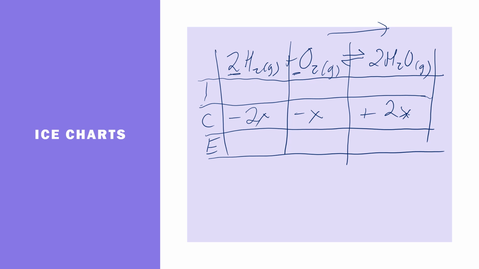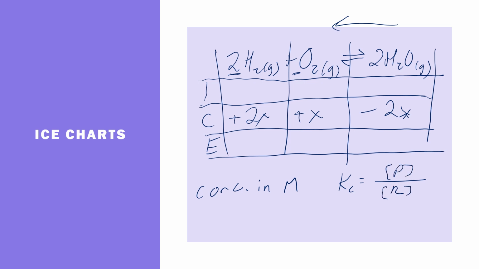Now, the opposite is also true. If the reaction has to proceed in the reverse direction to reach equilibrium, then the reactants will both increase and the products will decrease, but it will still follow the same stoichiometry. Now, a couple things here. With ICE charts, you always want to plug in concentration in molarity, because those are the values that we would use in a Kc expression, products over reactants.